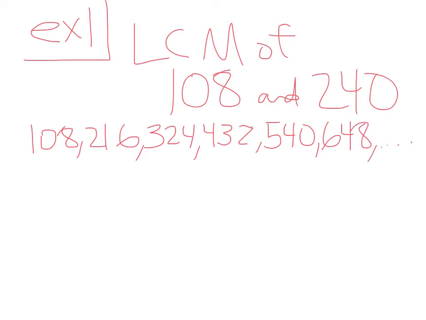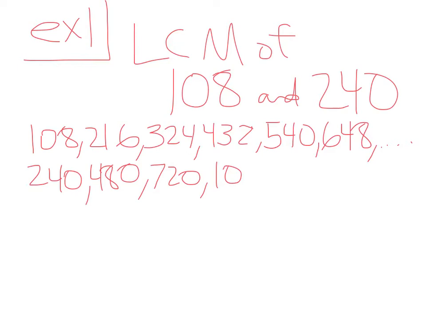And that would keep going, and then we would do the same thing for 240, 960, 1200. Anyways, we would basically keep going in that pattern until we found what number they both go into.